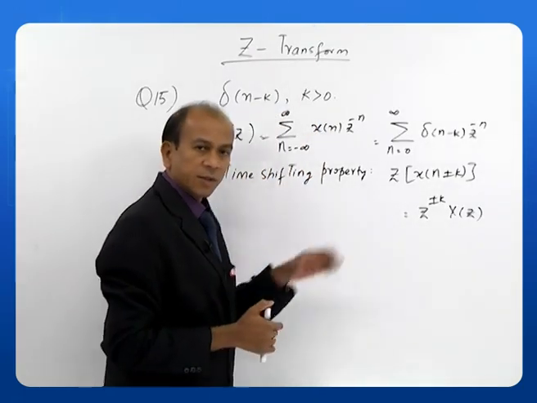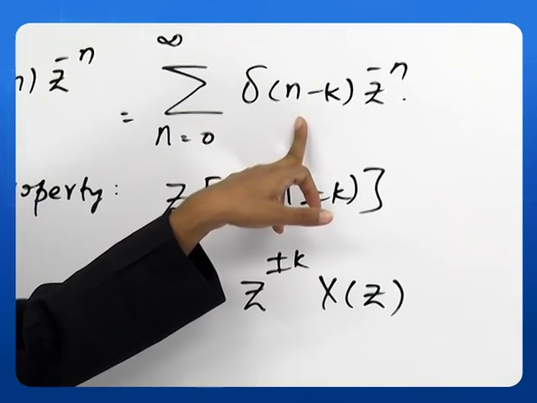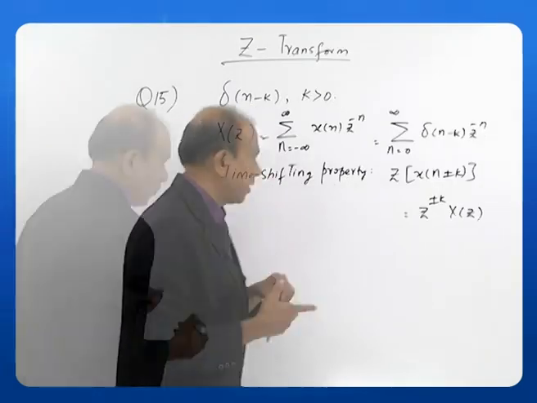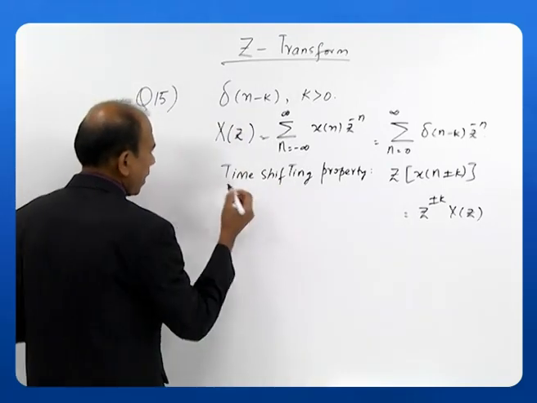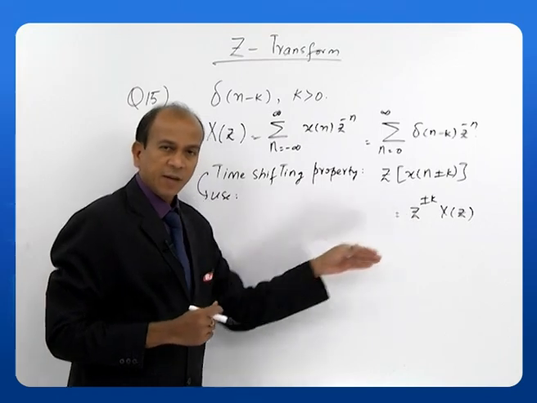So this is the formula. Let us use this formula because here we have delta of n minus k.